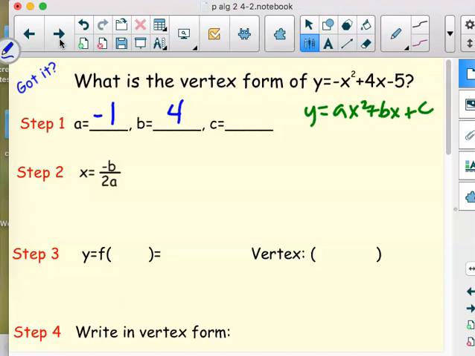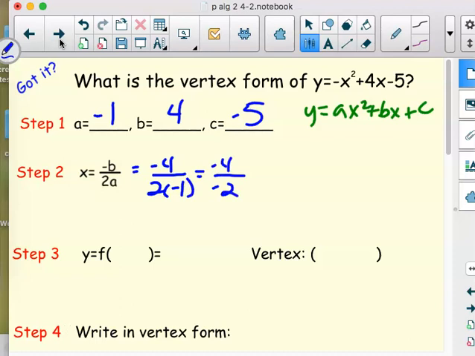What's C? -5. Excellent. And then we find the vertex. It tells us right here how to do it, but I'm guessing after yesterday's homework you kind of memorized that by accident anyway. So -4 over 2 times -1 will be -4 over -2. What does that simplify to?